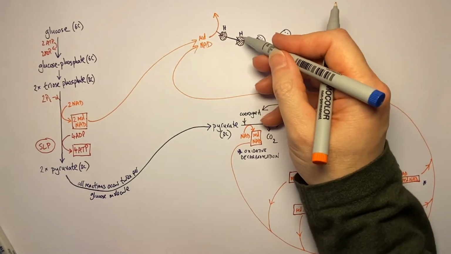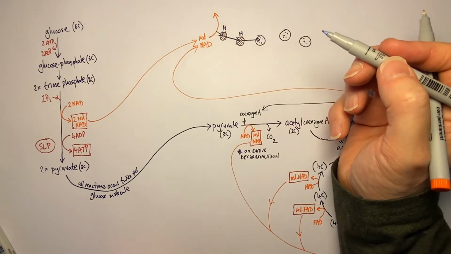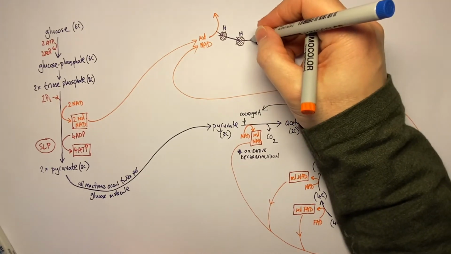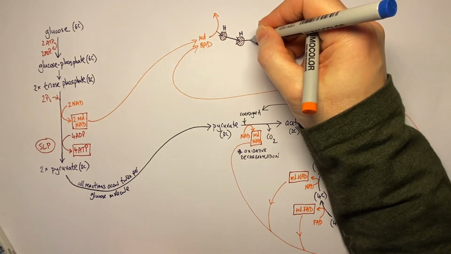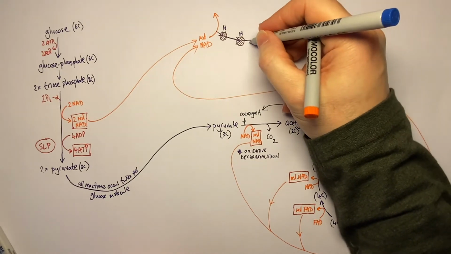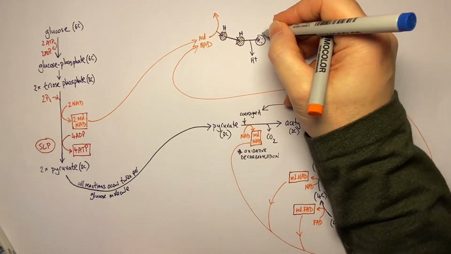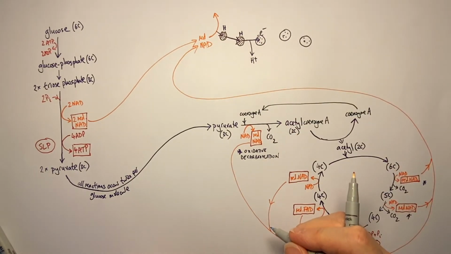So these are hydrogen atoms, and so they are separated into hydrogen ions and electrons. So hydrogen ions come off here, and the electrons then pass to that one.